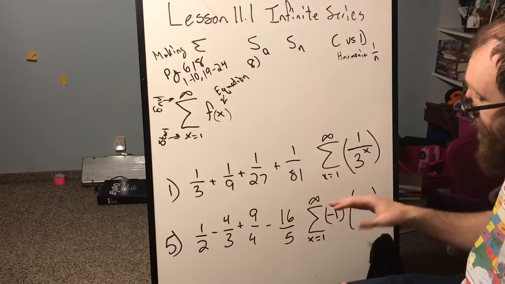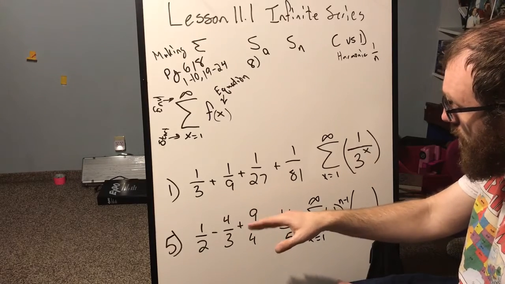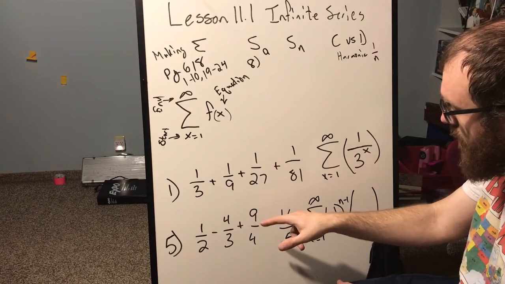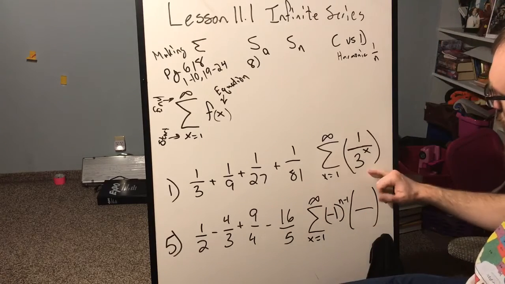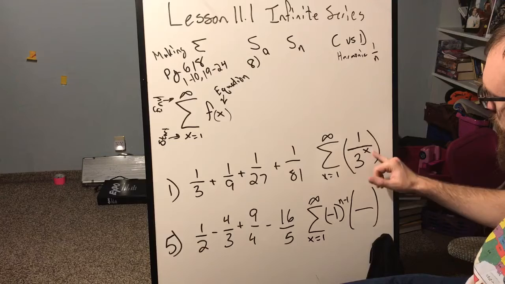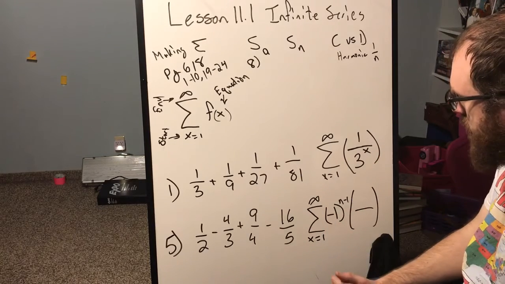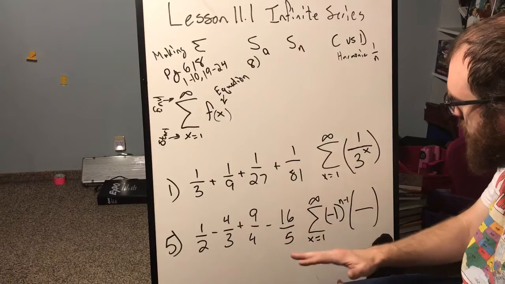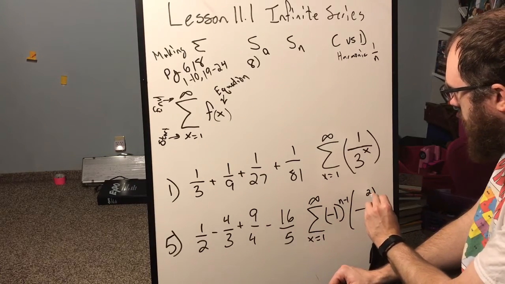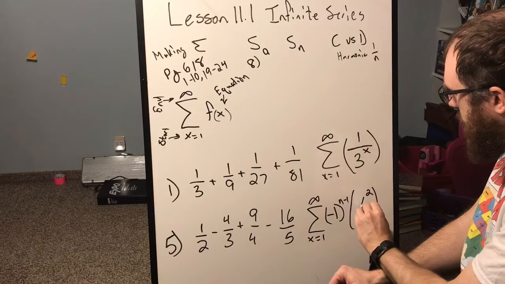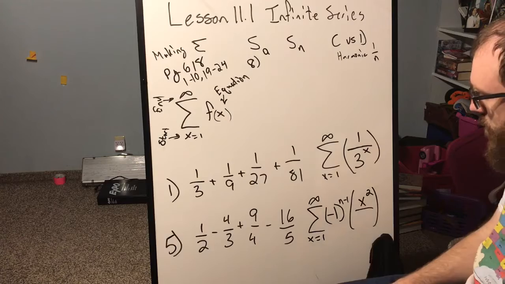On the top, I have an interesting pattern. These are all perfect squares. So instead of being a timesing pattern and having a power like this, I still have a power situation, but in this case, the power is squared, and the base of my situation is my n value.